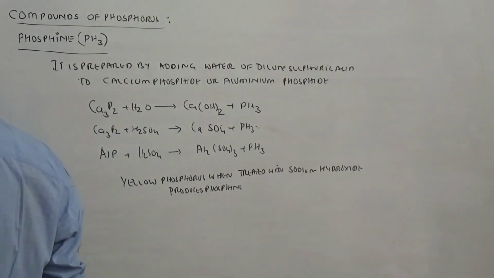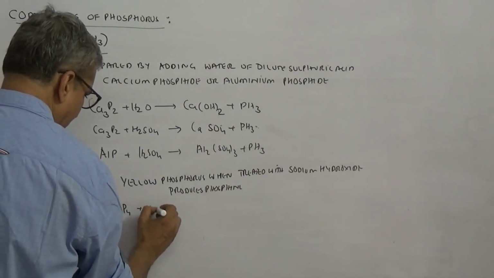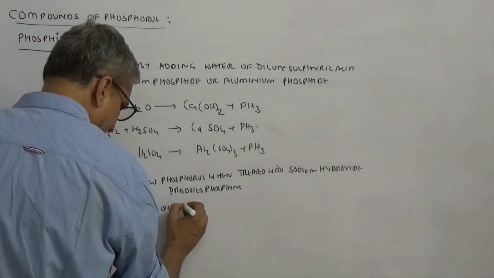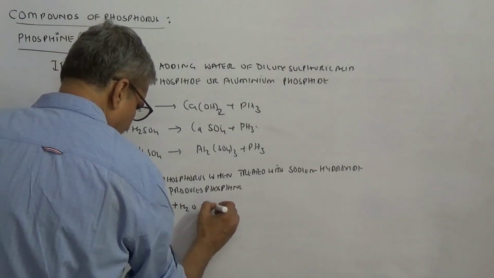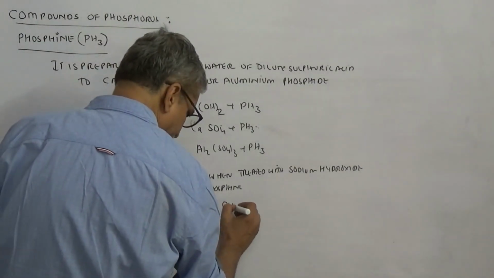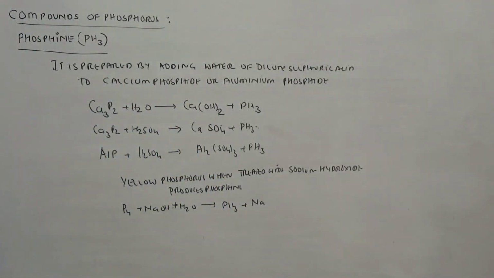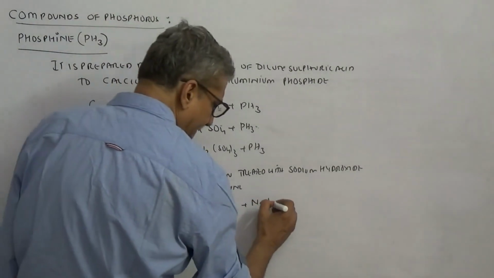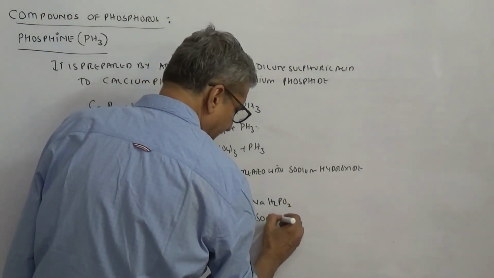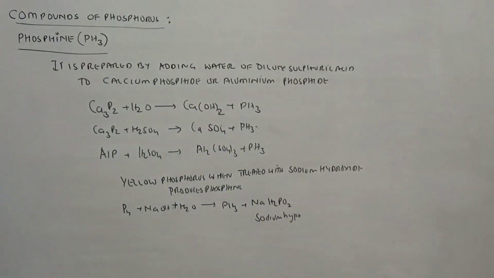So the reaction is somewhat like this: we have P4 plus NaOH plus H2O. It forms phosphine, PH3, plus NaH2PO2, sodium hypophosphite.